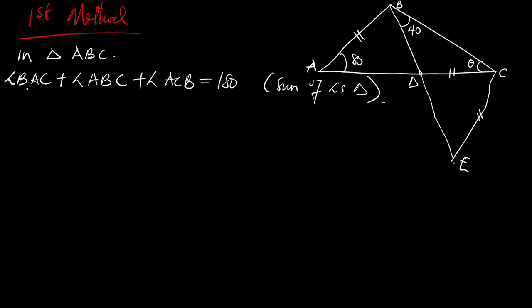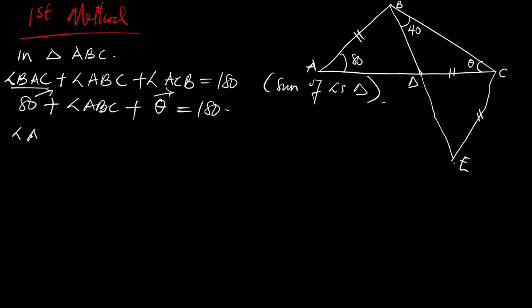Now we have BAC is 80, plus angle ABC plus angle ACB, which is theta, equal to 180. Let's move this 80 and theta to the other side.